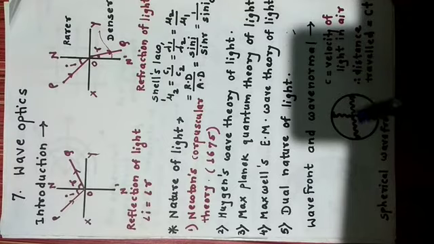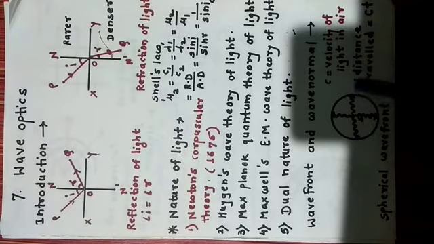Along with these merit points, the theory had some drawbacks as well. The first drawback is that Huygens assumed the presence of luminiferous ether medium, but experimentally it was proved wrong. Second, the rectilinear propagation of light, meaning the straight line path of a light ray, cannot be explained with the help of the wave theory of light.